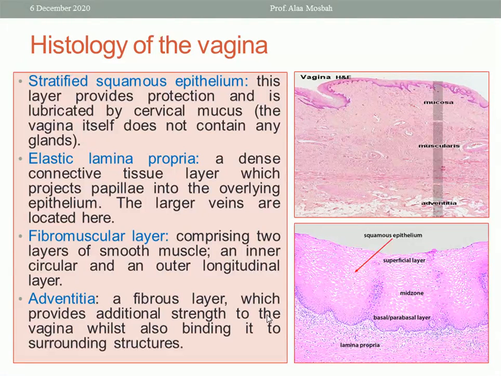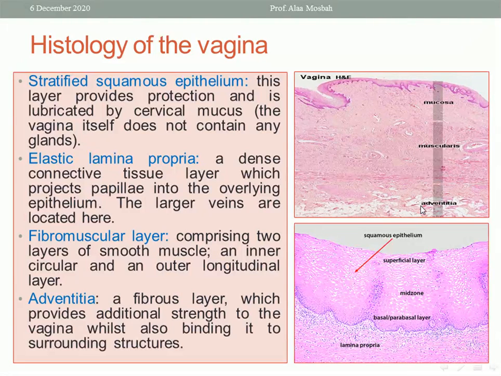Then, after the lamina propria, there is the fibromuscular layer. This is the muscle layer, and down here you can see it. The muscle layer has two layers, inner circular and outer longitudinal, clear in this picture.